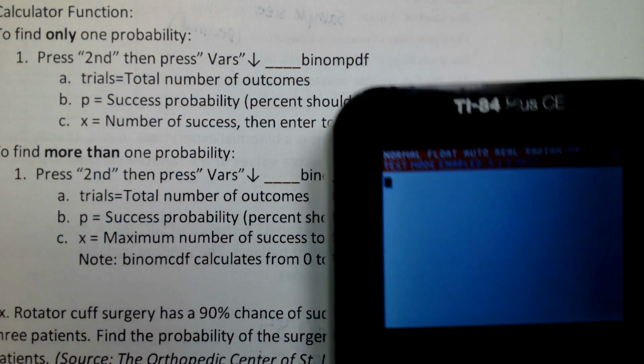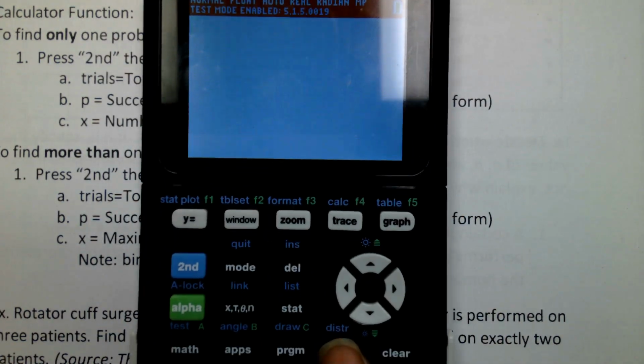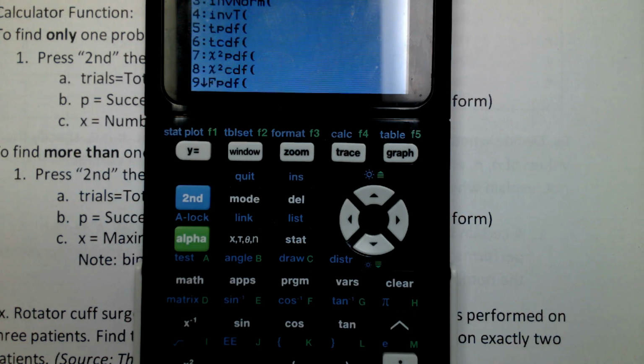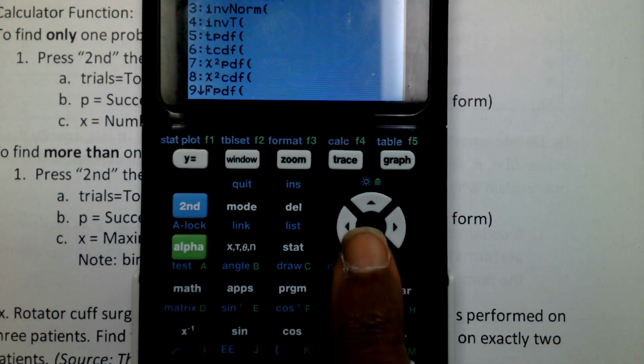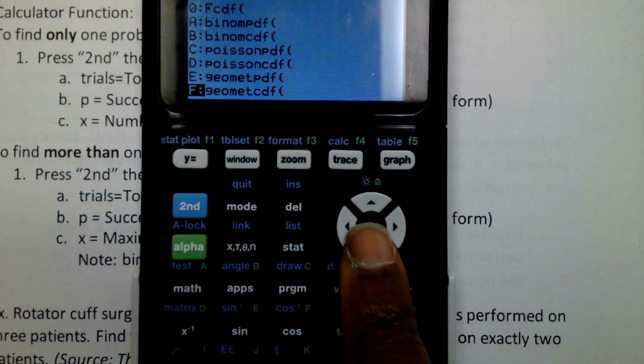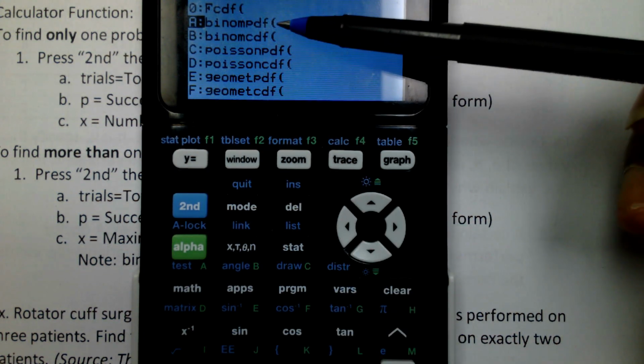And we're going to find the Binomial PDF in your calculator. Second. And then bars is right here. And find Binomial PDF. You're going to have to go down. So I have PDF for A for me.